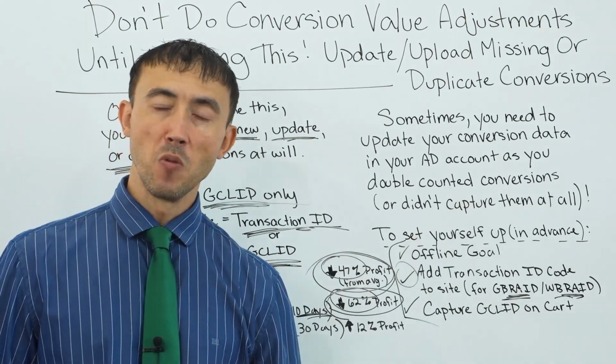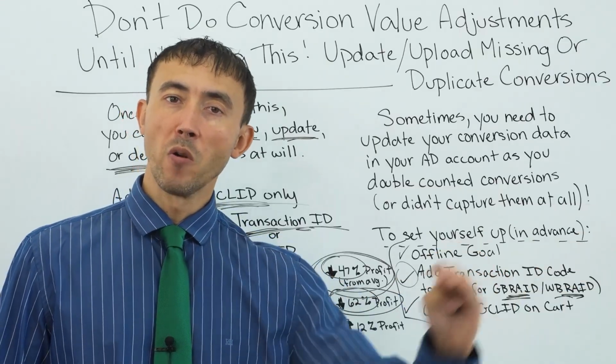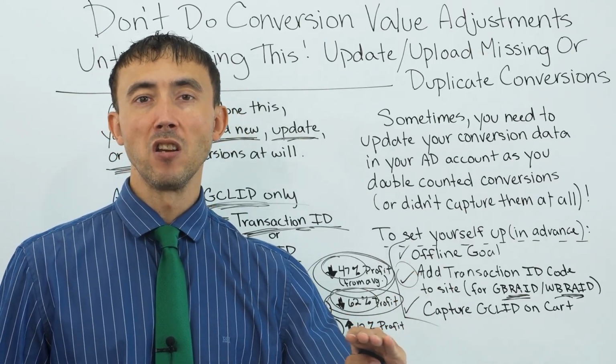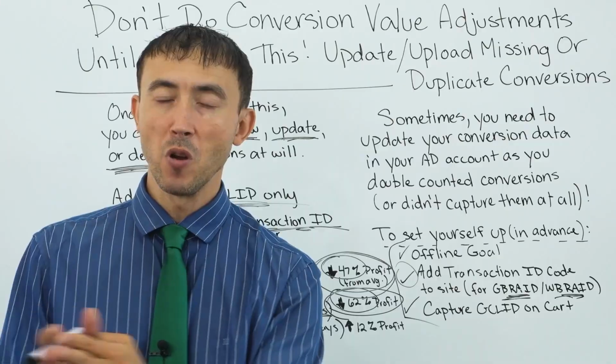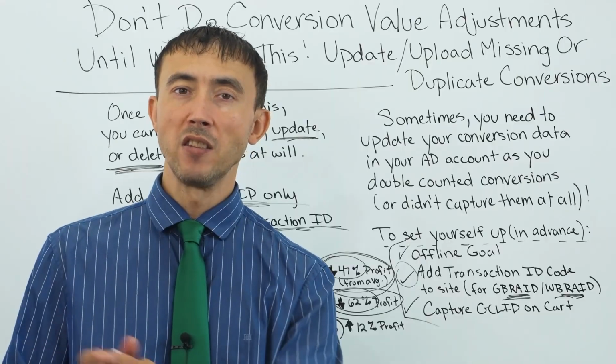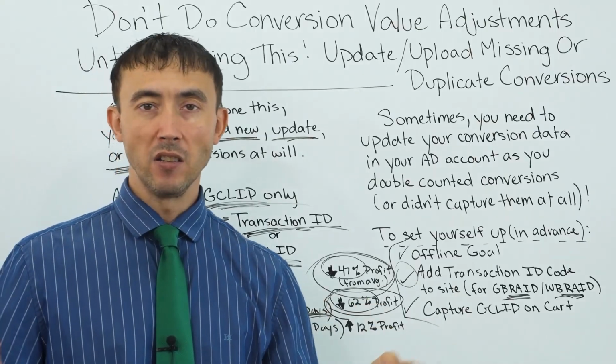Or, if you get rid of the duplicate conversions, it's going to spend a normal amount again, which you can also get by lowering your daily budgets. But then also, ultimately, it's still going to be pointing a good chunk of your budget to whatever it thought was working better, which it really wasn't. And you're going to be screwed up for longer than you would otherwise, so to say.